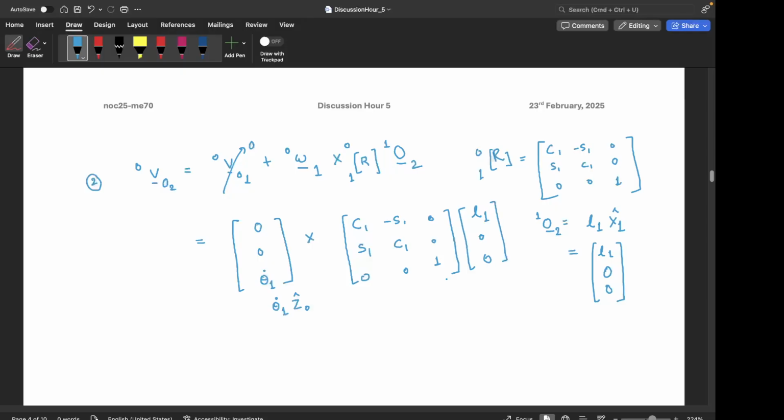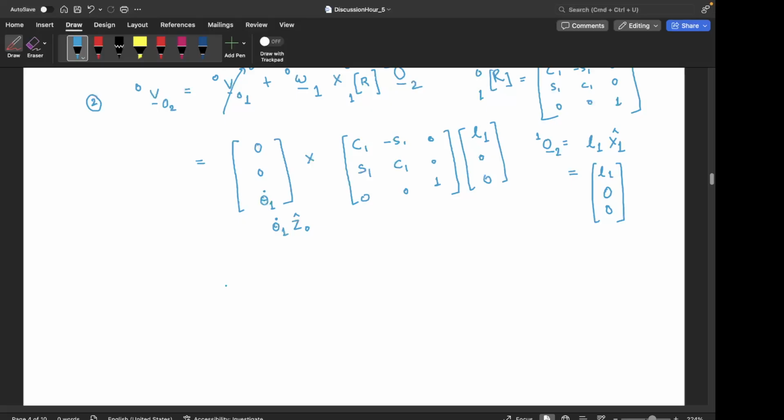Okay, so now we have theta 1 dot cross with, and we can quickly do the multiplication, so it becomes L1 c1, then L1 s1, and then 0, right?